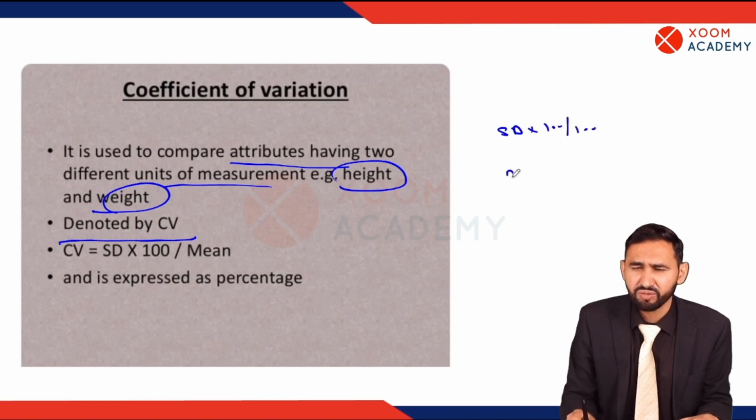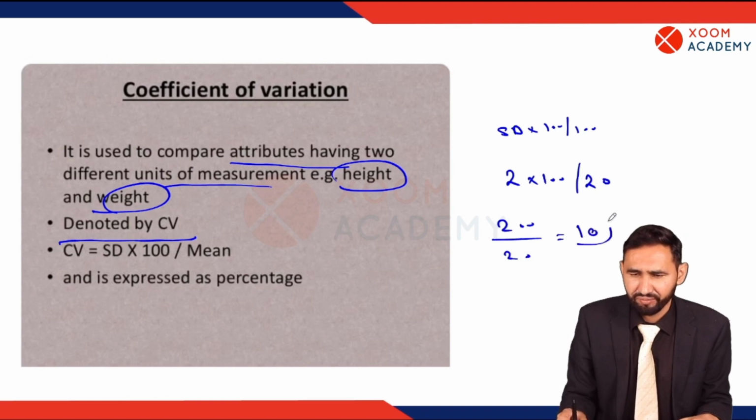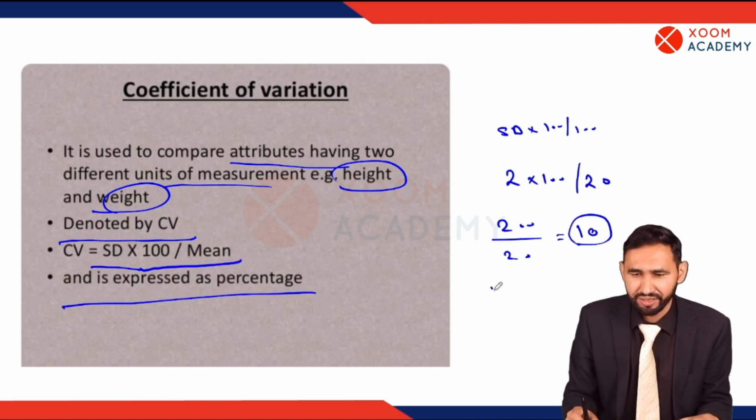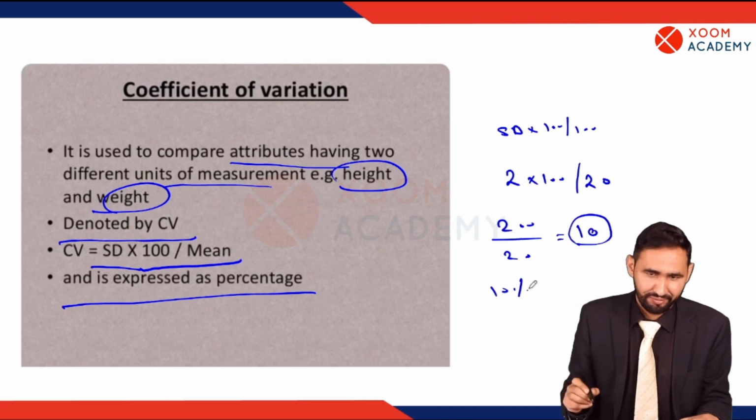Like standard deviation is 2, for example, and we multiply this by 100 and divide it by mean, and let's suppose mean is 20. So what will be our answer? 200 divided by 20. Coefficient of variation is 10. So remember its formula: standard deviation multiplied by 100 and then divided by mean. It is expressed in percentage, so we write 10%.